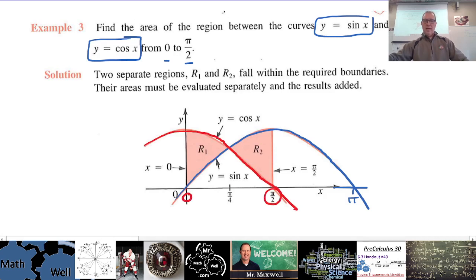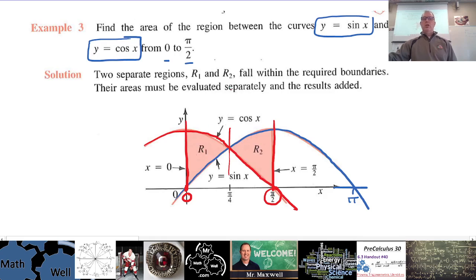So 0 and pi over 2, that's the left boundary and the right boundary. So the issue here, as we can see by graphing it, is that there isn't just one function between 0 and pi over 2 that's always on top. So we need to keep in mind that we need to separate this into 2 blocks. Okay, 2 blocks. And block 1 would have cos on top.